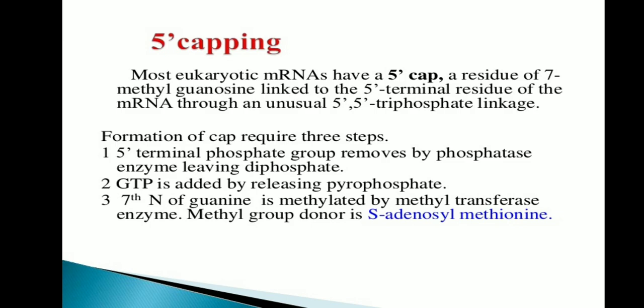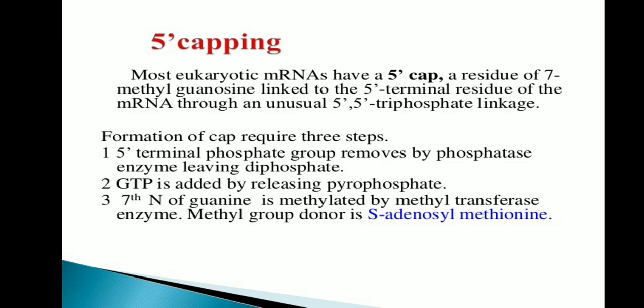In the first step, at the 5 prime terminal phosphate groups, one phosphate group will be removed by the phosphatase enzyme, leaving the diphosphate. Means at the 5 prime end there are 3 phosphate groups, and one is removed by the phosphatase enzyme. You know the function of phosphatase, it cleaves off the phosphate group. So only 2 phosphate groups will be there, because one is removed.